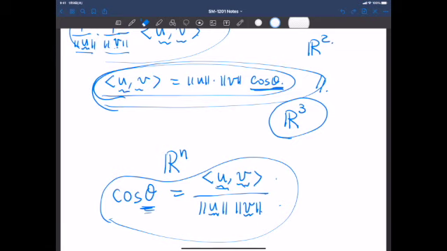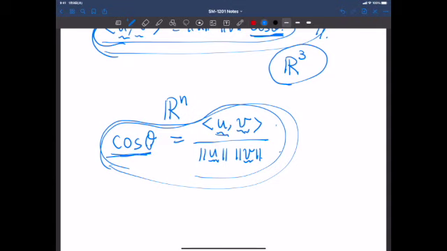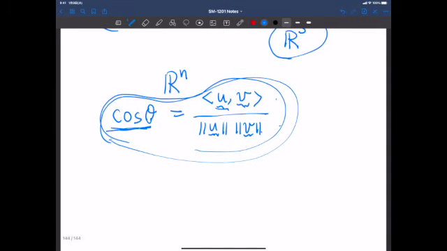Okay, but to do so, we can say this defines the angle, but does this really make sense? Because this is a cosine function, and cosine function is bounded between -1 and +1.